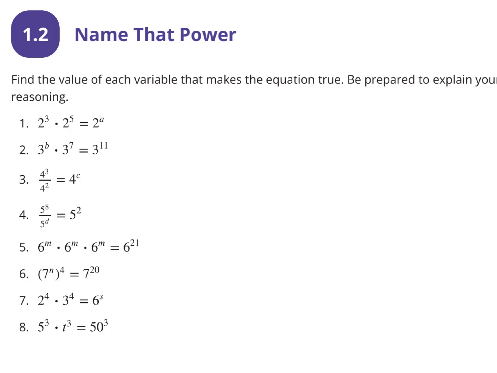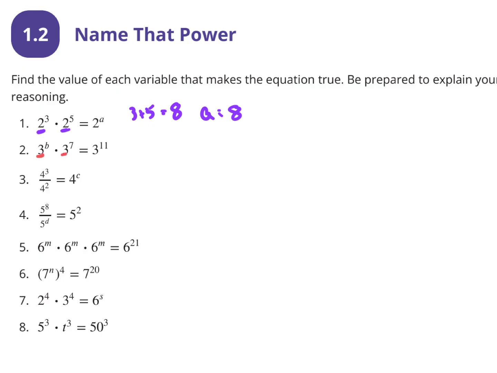So right off the bat, we have the same base multiplied, so we add the exponents. 3 plus 5 equals 8, so A equals 8. For the next one, B plus 7.